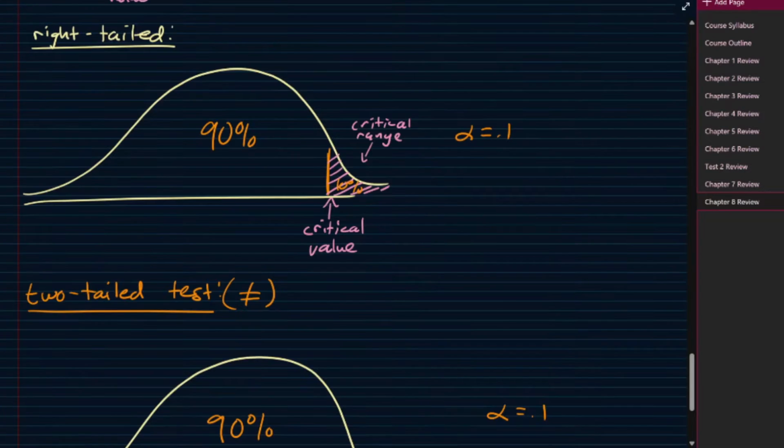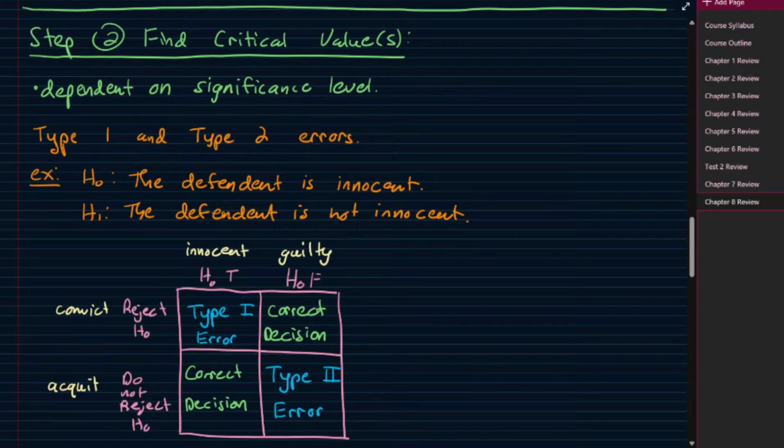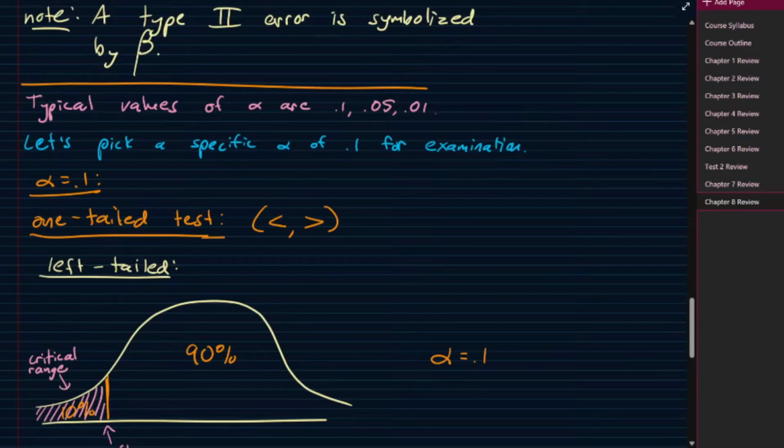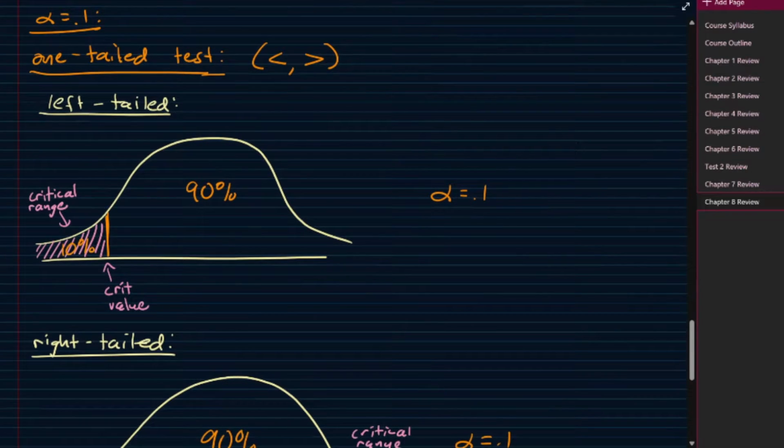So again, this concludes step 2, but let's just do a brief overview. Let's assume we've got our significance level. It could be 0.1, it could be 0.05, doesn't matter. You're going to need to look at the table anyway. And so draw a picture.